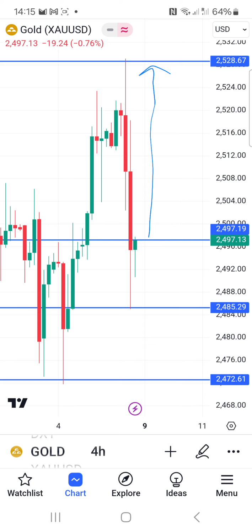It may just from here again, after retesting this area, come and again close within this range. So this range will be again a key area. Will the price close within this range, or will it go past this range?